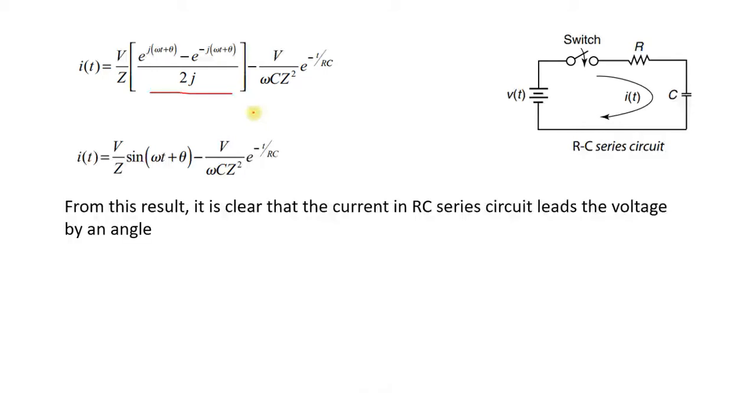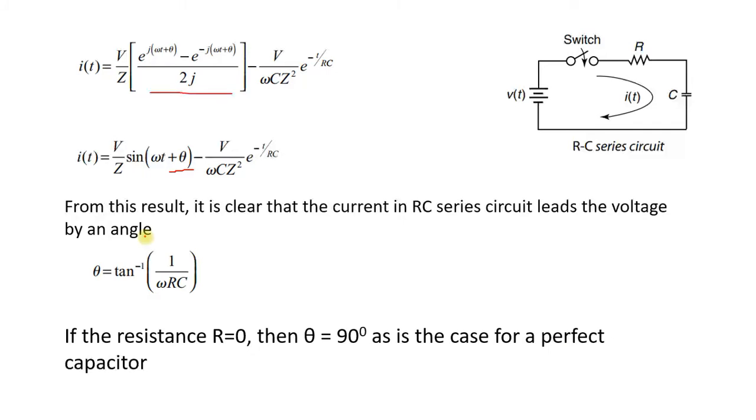From this result it is clear that the current in the RC series circuit leads the voltage by an angle theta. If I put R equal to 0, then theta is equal to 90 degrees.